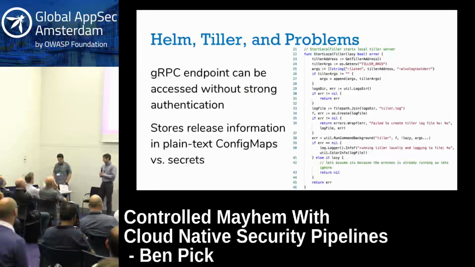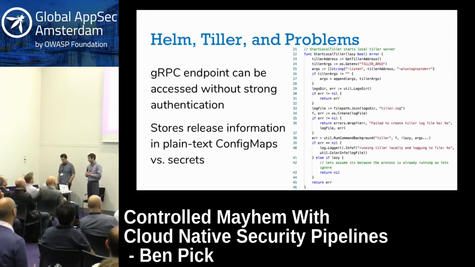Lastly, you have Helm and Tiller particularly, which, again, you're able to access without authentication, and it's a lot of the same problems over and over again. So you are storing your secrets in config maps, which are, again, potentially exposed, and you want to encrypt them.